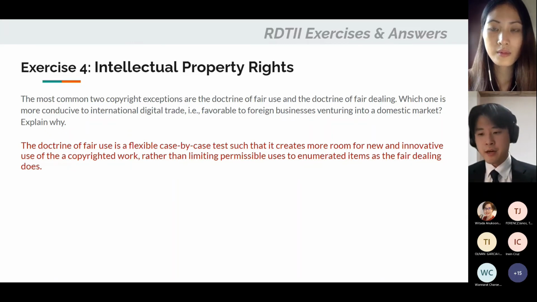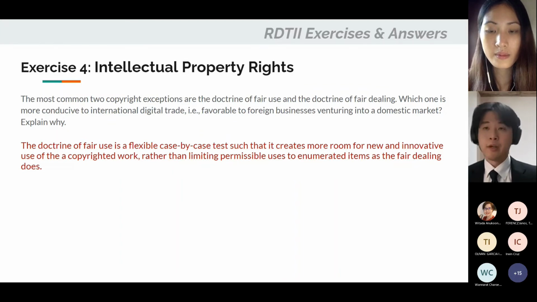The doctrine of fair use lays out factors and evaluates certain use of already copyrighted material based on several factors in order to find out whether that use does not need the author's consent or permission. And there is always room for a foreign business to argue that my use is fair under these circumstances.